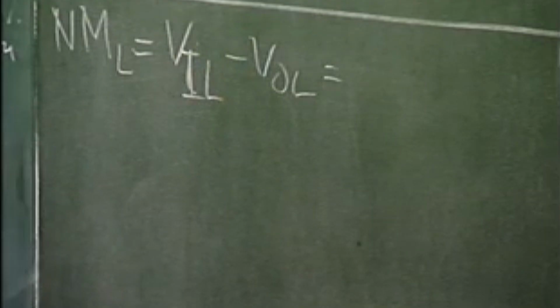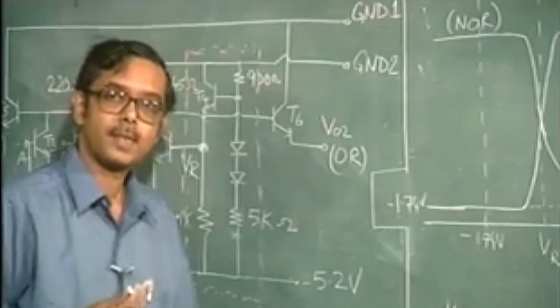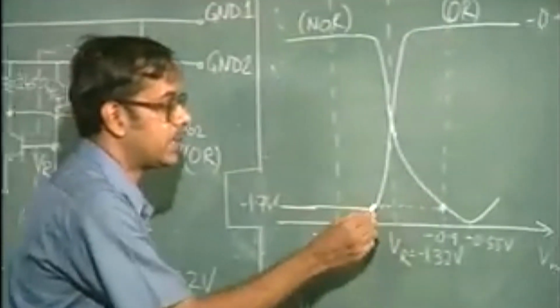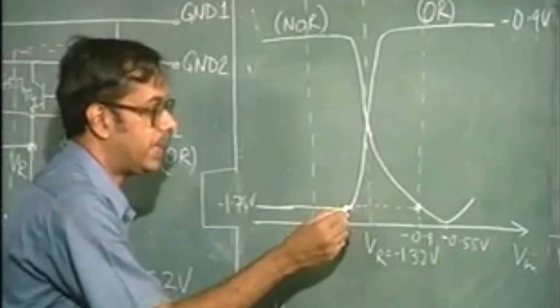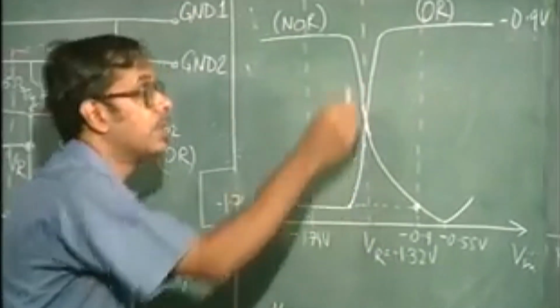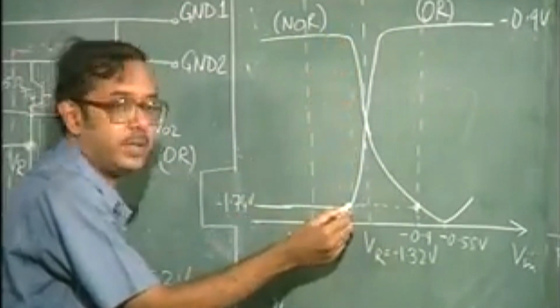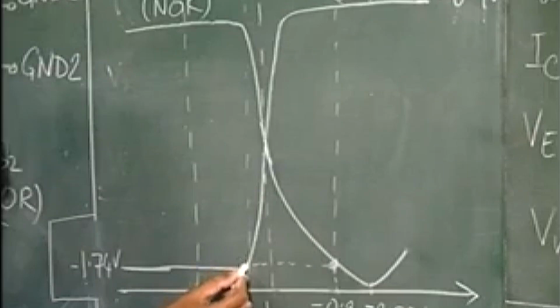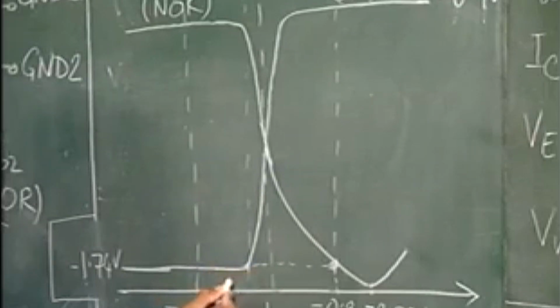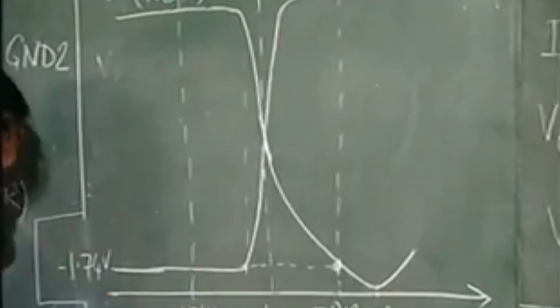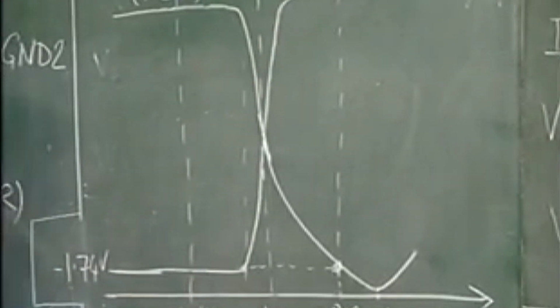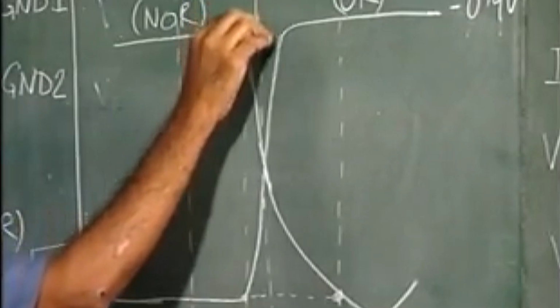So, what is the input low in this case? It is with respect to VR. Basically, if the input voltage is up to here, it is going to be considered a logic low. Beyond that, it is no longer a logic low. So, this is VR, this is the reference voltage.